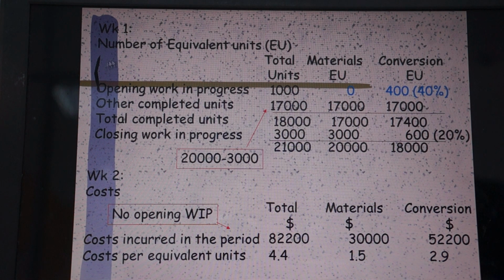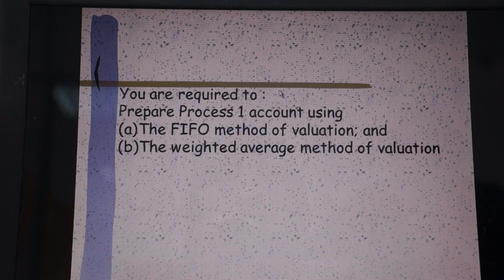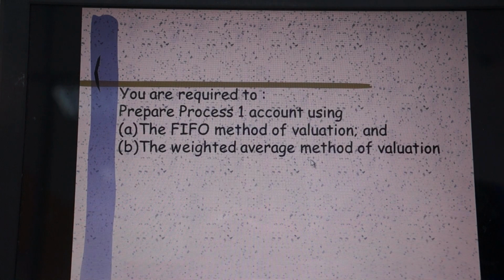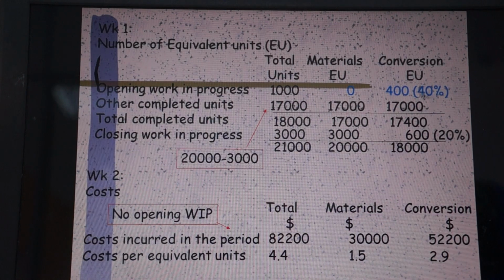So there is no equivalent unit here. In conversion, equivalent unit have 400 unit because 60% are completed. Only 60% are completed. So another 40% has to be completed in this process.